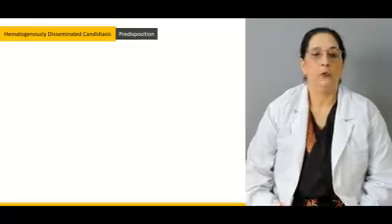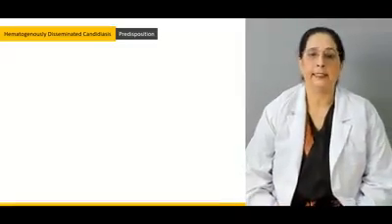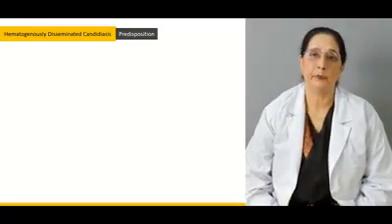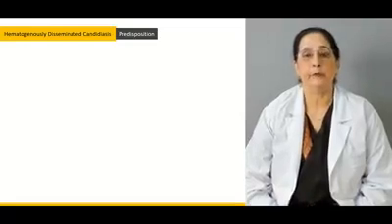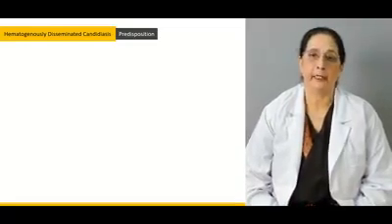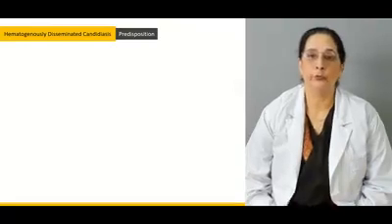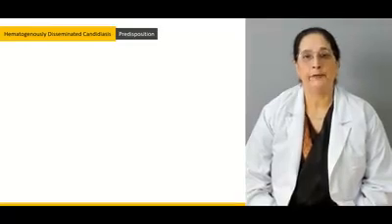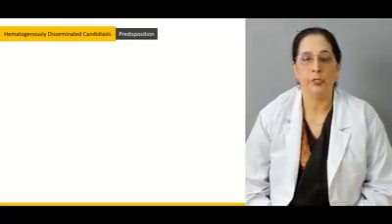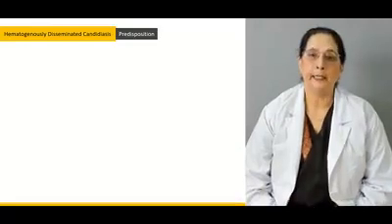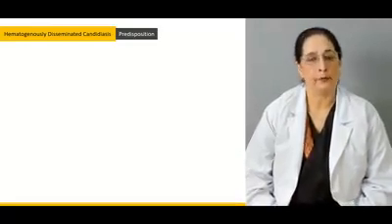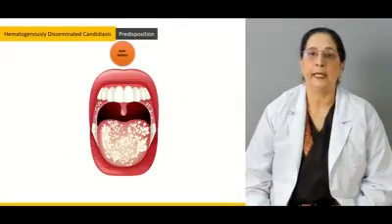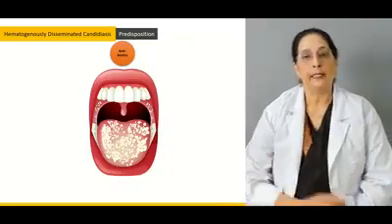Next, we will go over hematogenously disseminated candidiasis and what are the predisposing factors. As I mentioned before, a lot of predisposing factors have to do with the immune system. So any condition that affects the immune system of the individual predisposes to the candidal infection, which is the normal flora of the body. So what are some predisposing factors for the candidal infection? Use of antibiotics.